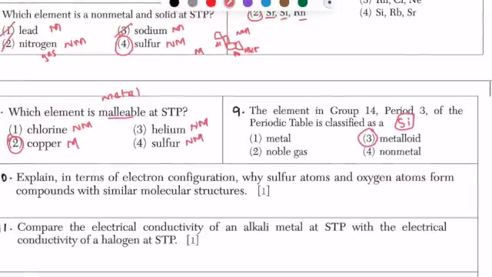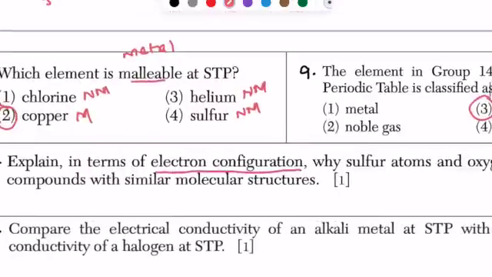Explain in terms of electron configuration why sulfur atoms and oxygen atoms form compounds with similar chemical properties. So in this case, it says in terms of electron configuration. So you are not going to say, to answer this question, that they're in the same group. In fact, you are going to say that they have the same number of valence electrons.